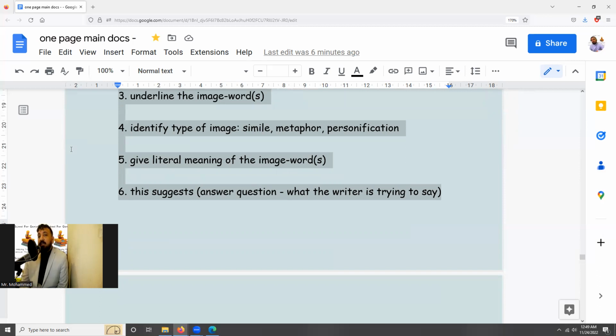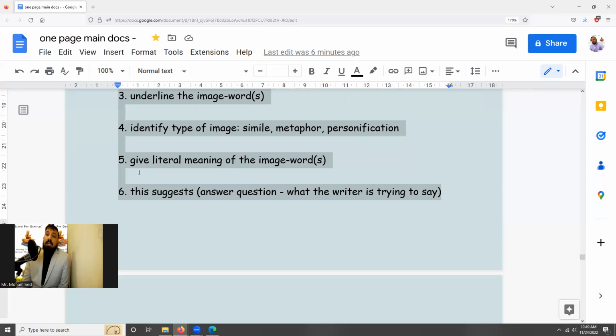What is he trying to say by the flower danced? He's trying to say that the flower was moving in a way that it looked like it was having fun, it was moving quickly, something like that, yeah? So just basically explain, what does it suggest, what is the writer trying to say by using this comparison. That's what you do in the final step.